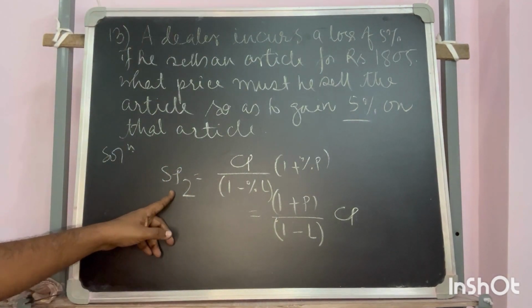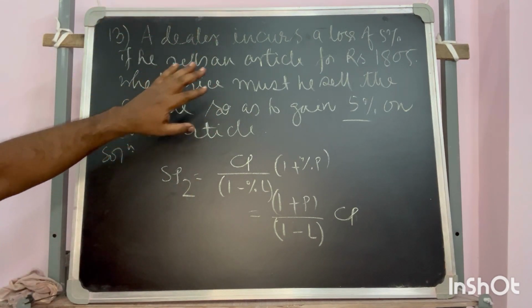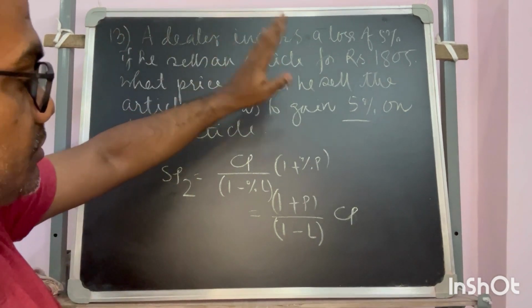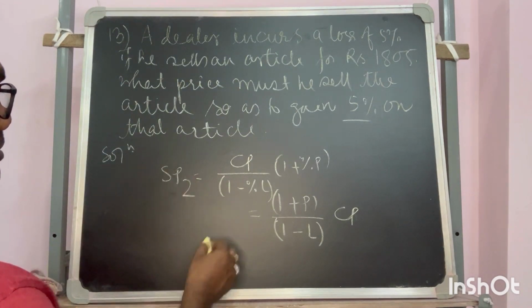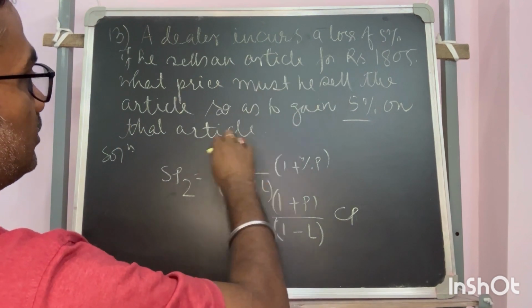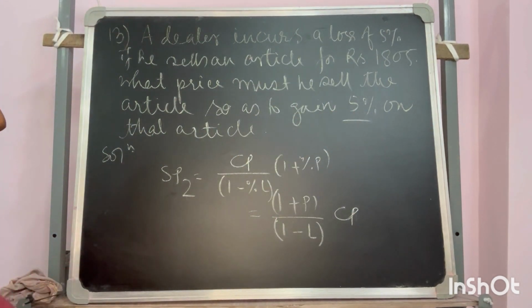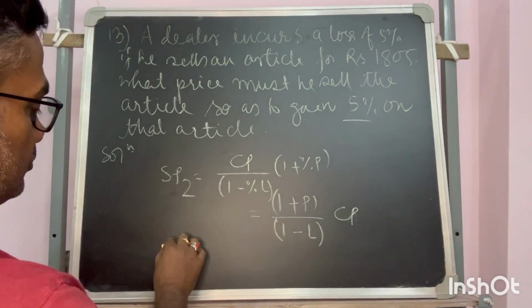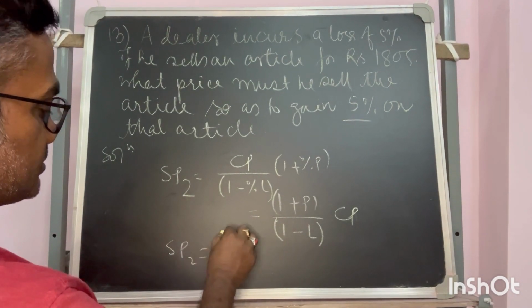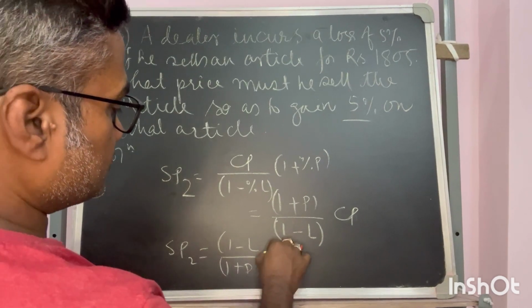So if it is a condition where the first case is a loss, then it is profit, or otherwise, if it is the reverse one, the first case is a profit and you need to know the loss, then the equation will be just reverse, 1 minus L by 1 plus P into CP.